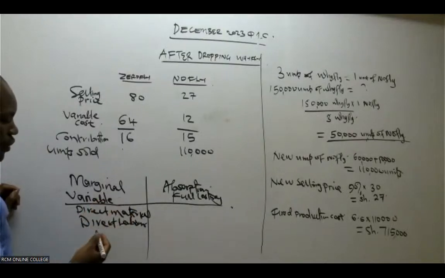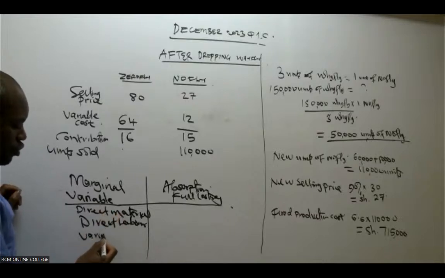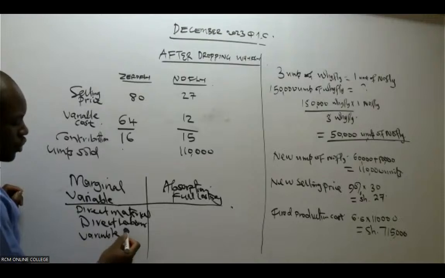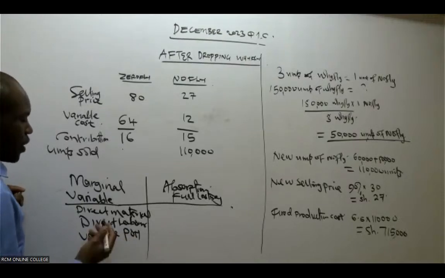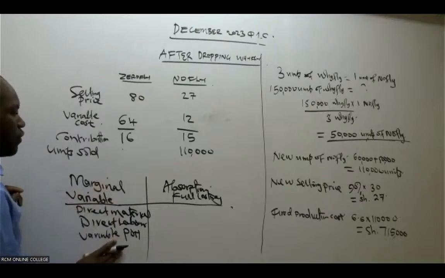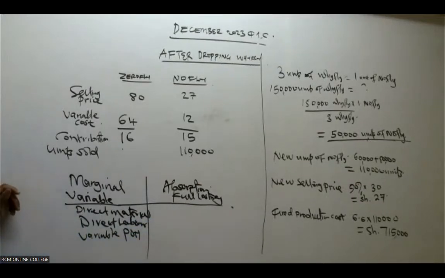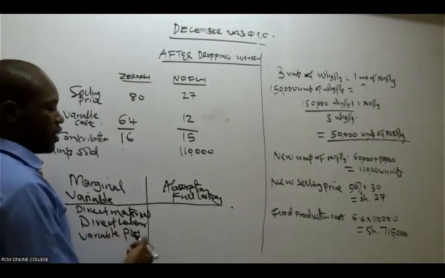Then, and also even a different topic. After dealing with the direct labor, direct material, we need variable production overheads. And then we have fixed. So under marginal, fixed production overhead does not form part of the product cost. It will be taken to the income statement under operating expenses. It will be expensed in the income statement.